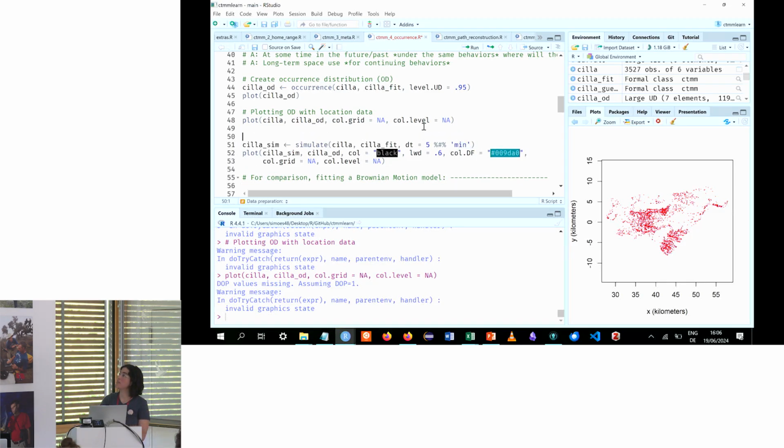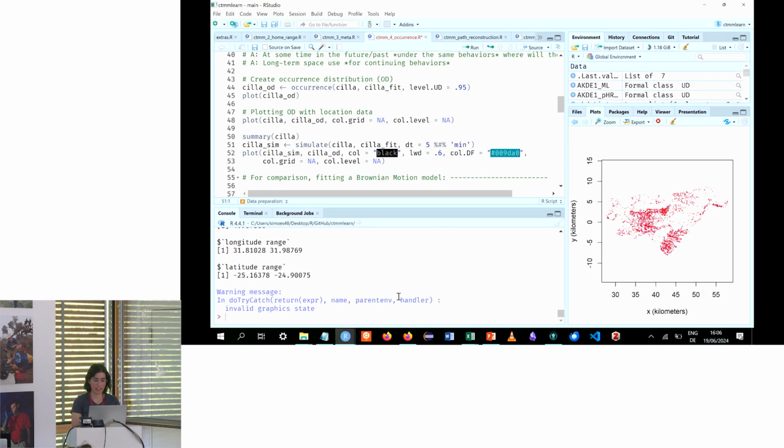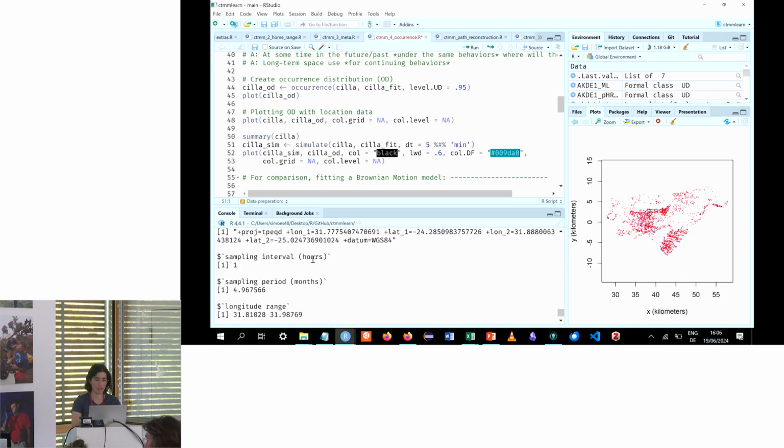If you want to fill in the gaps, this should have a sampling interval of 1 hour, but we can double check. Yes, the sampling interval of this individual is 1 hour between locations. So this is going to fill in the blanks with the simulate function, where you feed it the data and the model object fit.